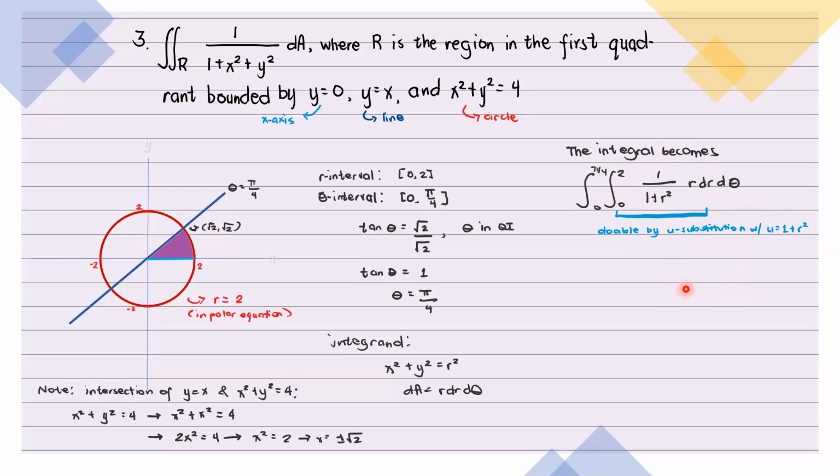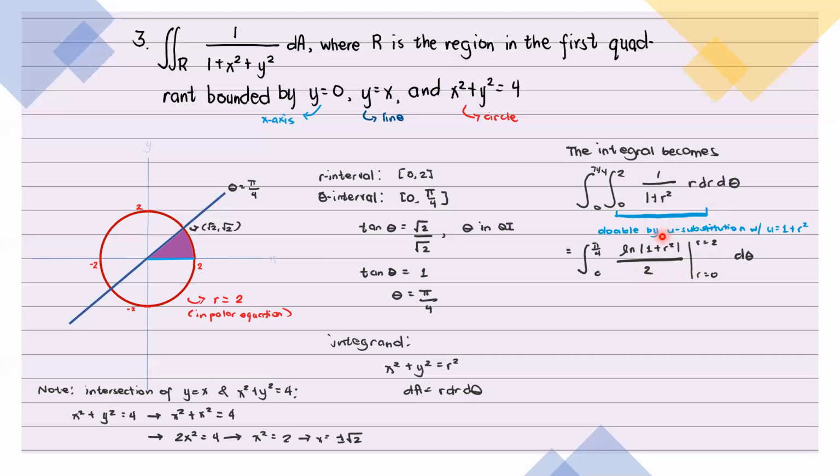If you do that, ang mangyayari lang may 1 over u ka times some scalar. So, ine-expect natin talaga na yung ating antiderivative with respect to r ay in terms of ln function. In particular, we will get the following. So, ln of the quantity 1 plus r squared, yung naka-absolute value. Pero pwede mo nang alisin yan since 1 plus r squared is positive already. And then divided by 2, evaluated from 0 to 2.